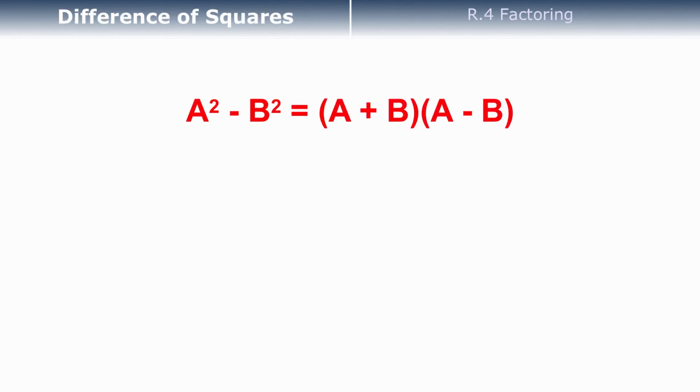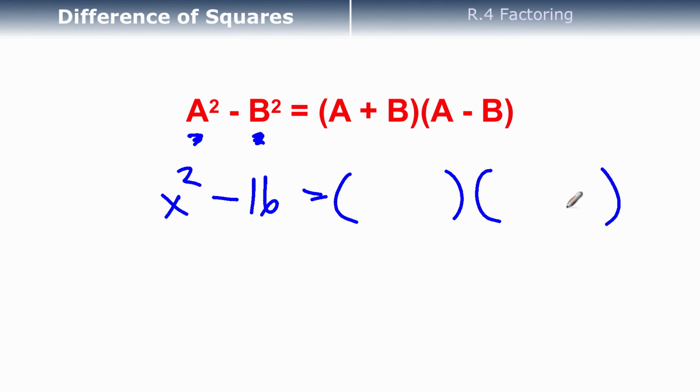Now, just a couple of specialty kinds of factoring things that you can do. One of them is called the difference of squares. That is if you have something squared minus something squared, you can factor that so that you put whatever is squared into each slot, and then one's plus and one's minus. For example, if I have x squared minus 16 and I wanted to factor that, I know it can go into two brackets.